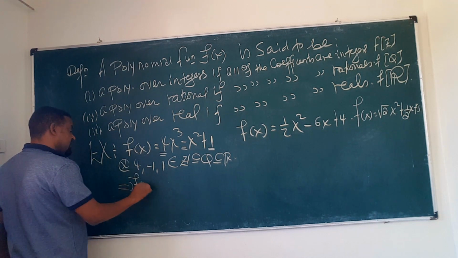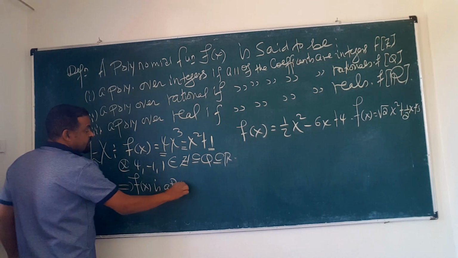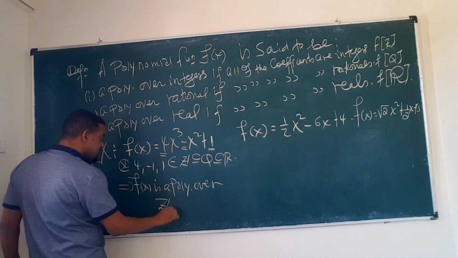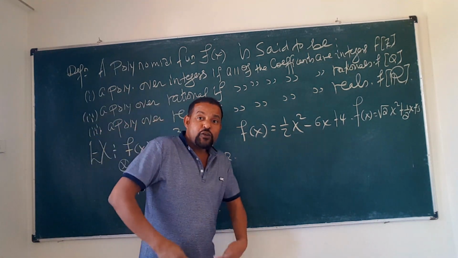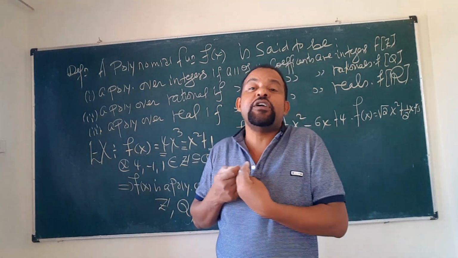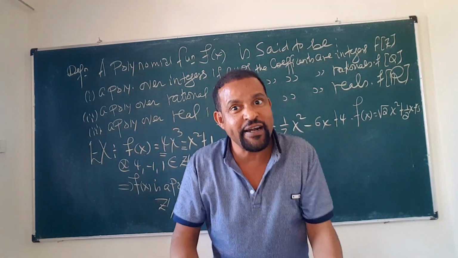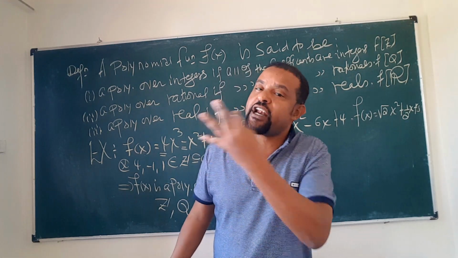So this f of x is a polynomial over integers, over rationals, and over real numbers. So if a polynomial is a polynomial over integers, then it is also a polynomial over rationals. It is also a polynomial over what? Real numbers, because integers are rationals and integers are real numbers.